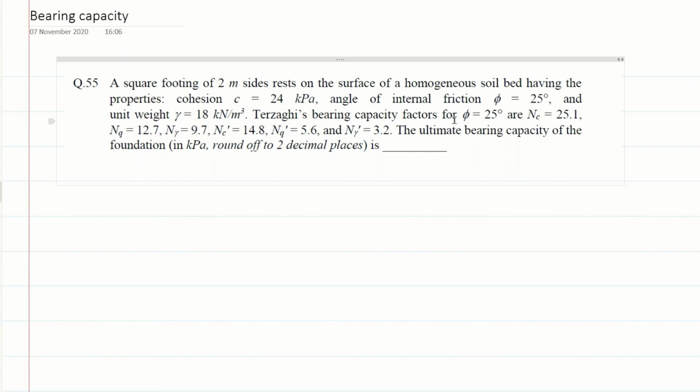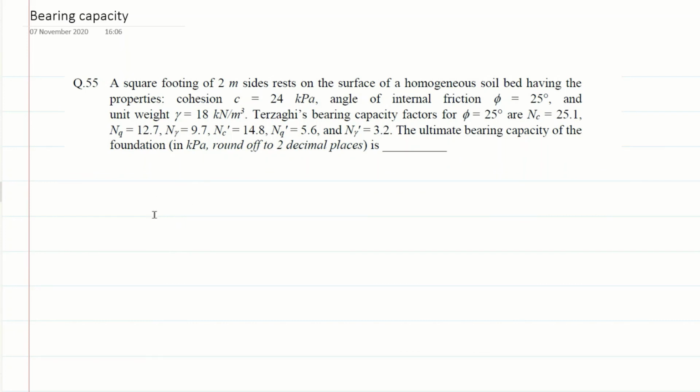Terzaghi's bearing capacity factors for phi equal to 25 degrees are Nc equal to 25.1, Nq equal to 12.7, and N gamma equal to 9.7, and Nc dash, Nq dash, and N gamma dash are also mentioned. The ultimate bearing capacity of the foundation is what they were asking, right?